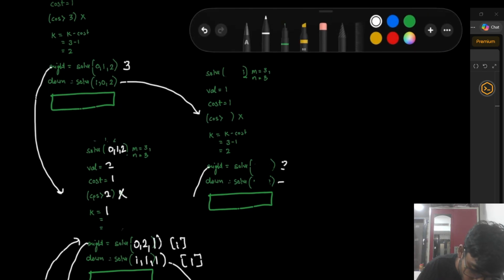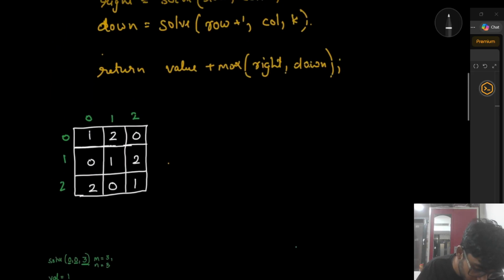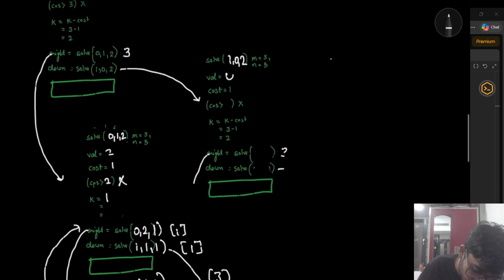Again, when I call this function 1 0 2, the value of 1 comma 0 will be 0, cost will be 0, then this will be false, then k will be 2, sorry, not 2. 1 comma 2 comma 2, 2 comma 1 comma 2.